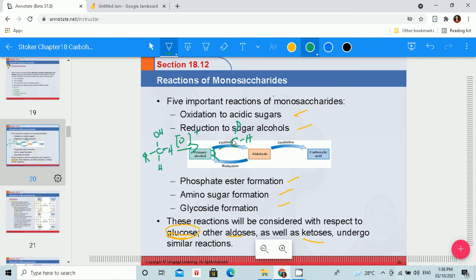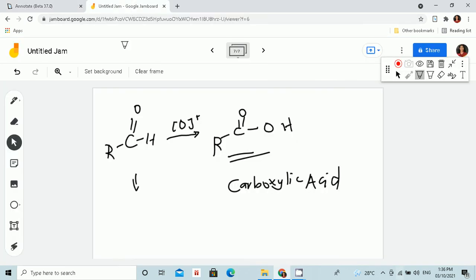My point is that when we oxidize an aldehyde with an oxidizing agent, it can be weak or strong. If it's strong, under an acidic condition, the carboxylic acid will form.